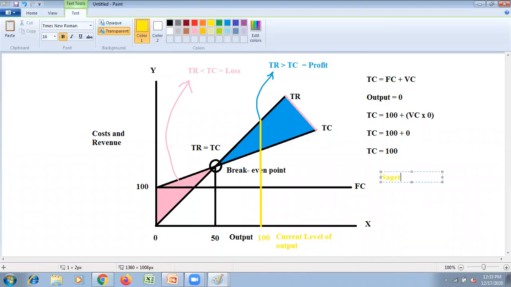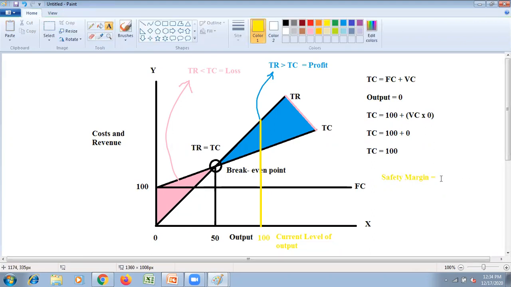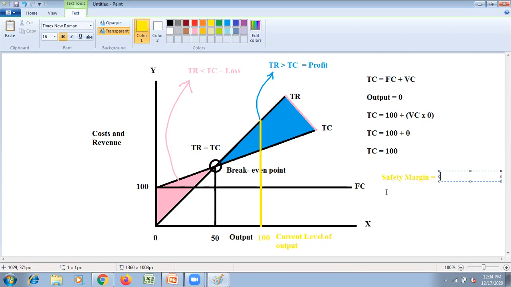Now if I need to calculate safety margin, I told you earlier what it is. It basically tells how safe the business is from the loss. So how do we calculate it? Safety margin is current level minus break even level.